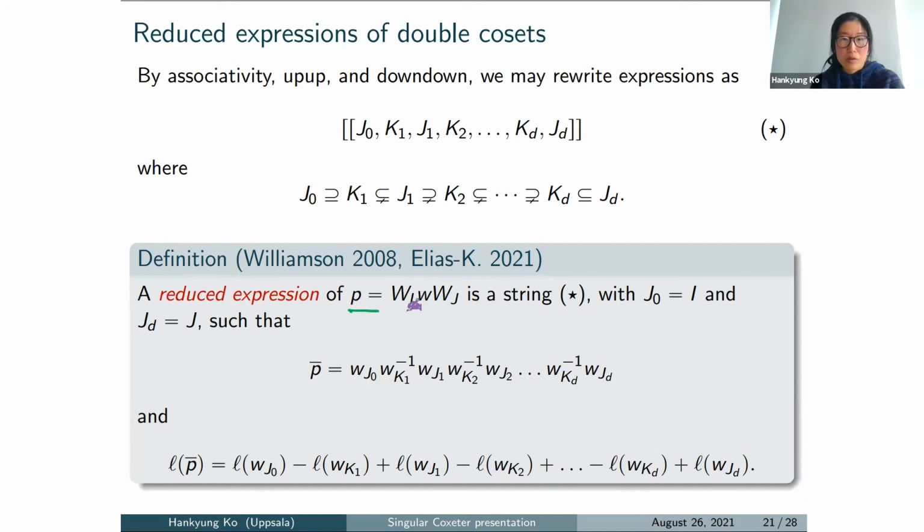So we have a double coset P, and its reduced expression is an expression written in this form, and you start with I and end with J, and the requirement is that this product... note that W_K inverse, for any K, is the same as W_K, so the longest elements in Coxeter groups are involutions.